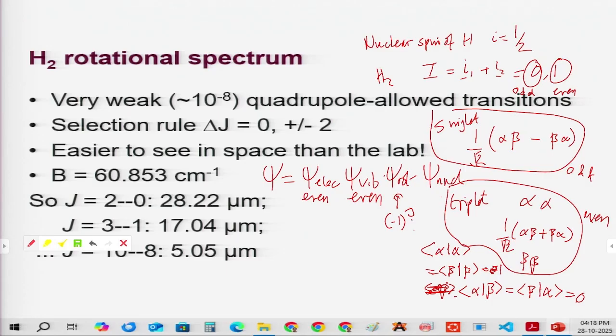So if J is even, you have to have I equals 1. If J is odd, you have to have I equals 0.